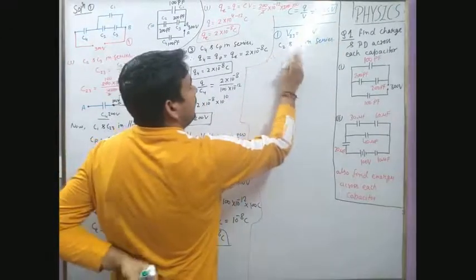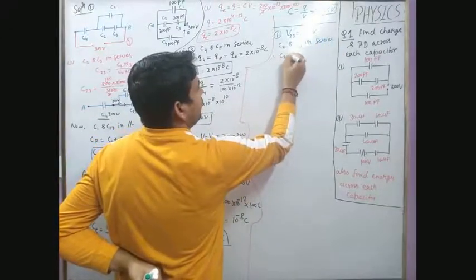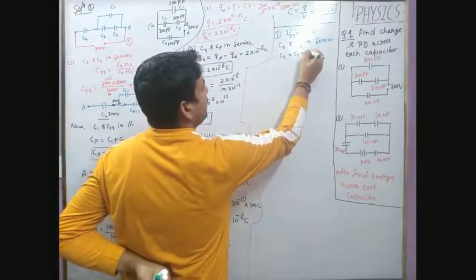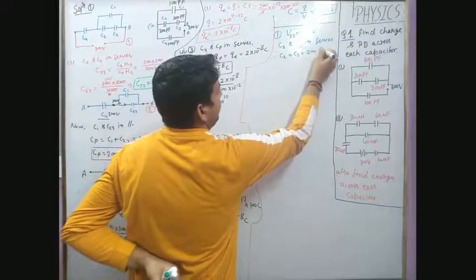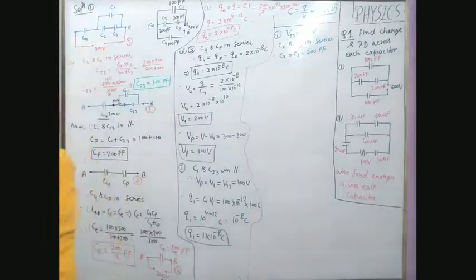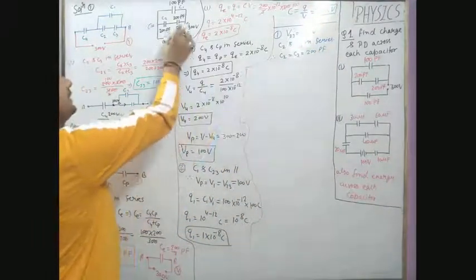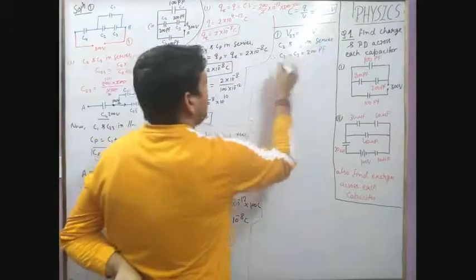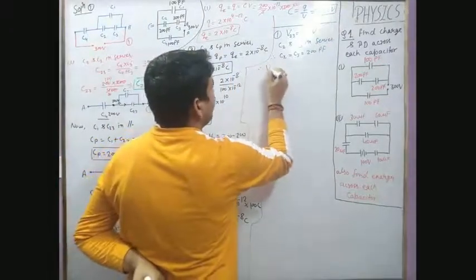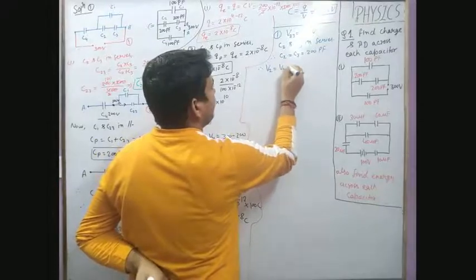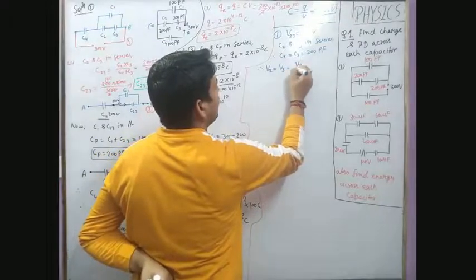C2 equal to C3 equal to 200 picofarad, because both capacitor values are the same. Therefore we find that the potential is equally distributed, which means V2 equal to V3 equal to V23 by 2.